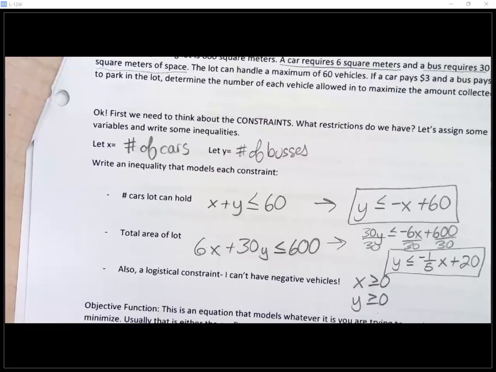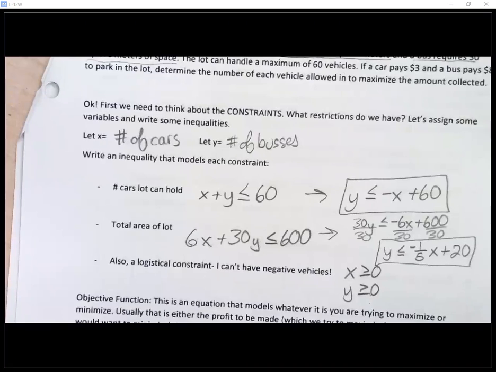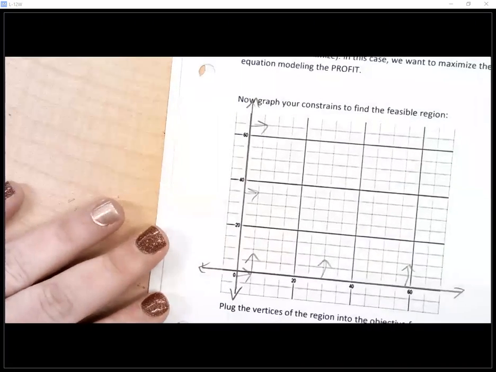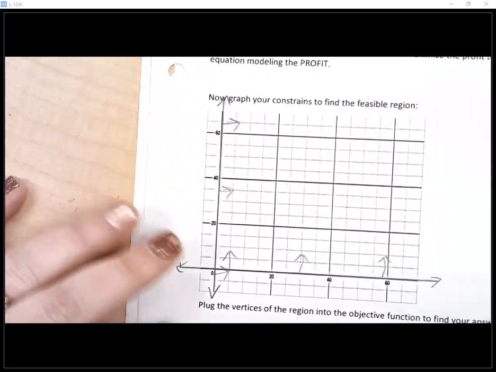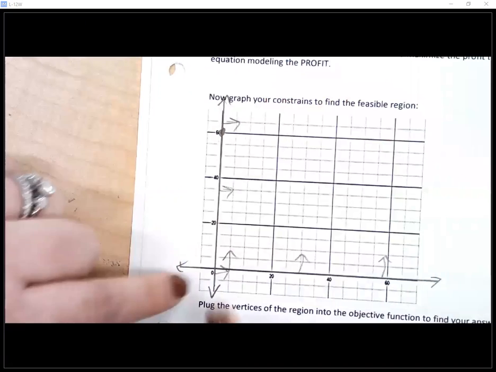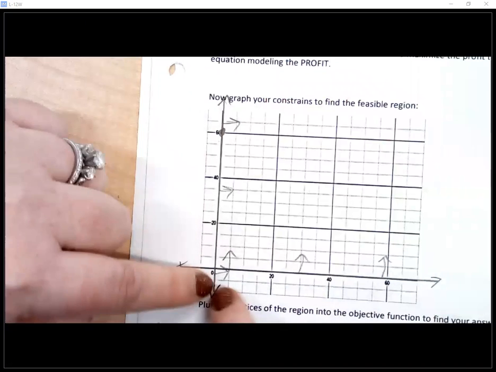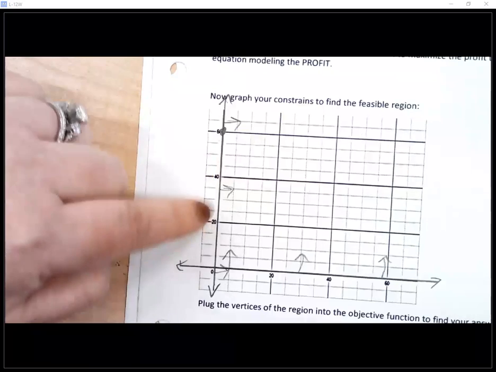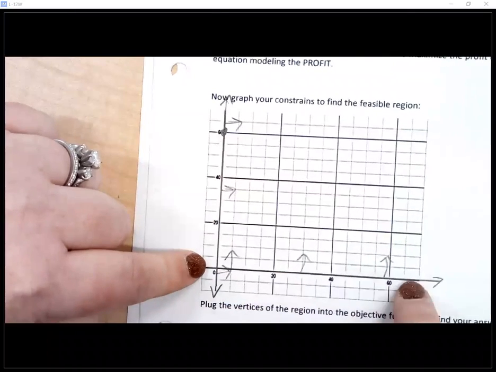Okay, so if I'm going to grab that top one there, I'm going to start at a positive 60 and then my slope is a -1. So let's just take a look at our scale real quick. Start at a positive 60. Just always keep in mind what's going on with your scale. I'm going 20, 40, 60. Each of my thick lines is 20, but it's the same on both sides.